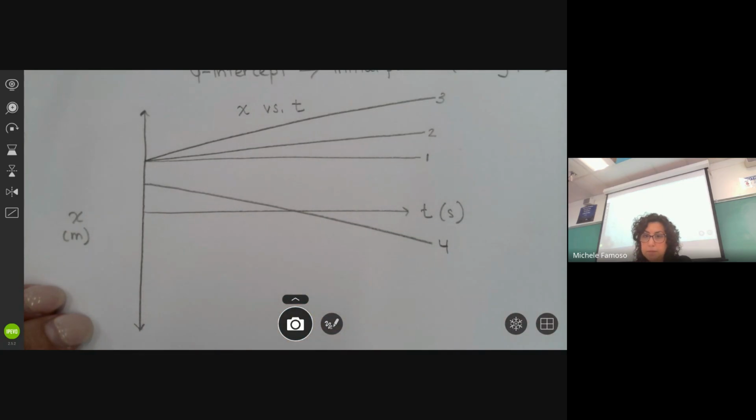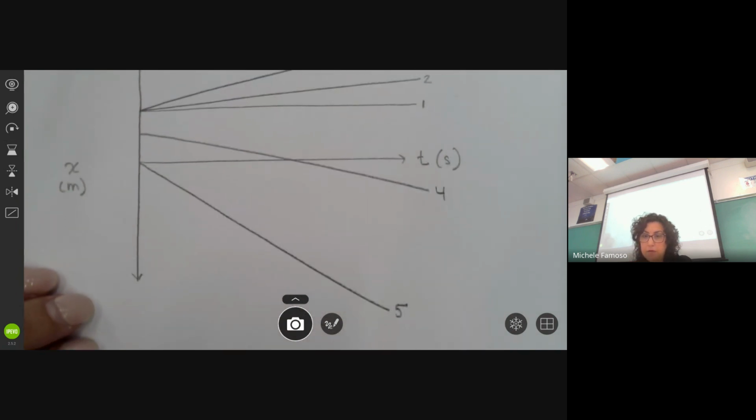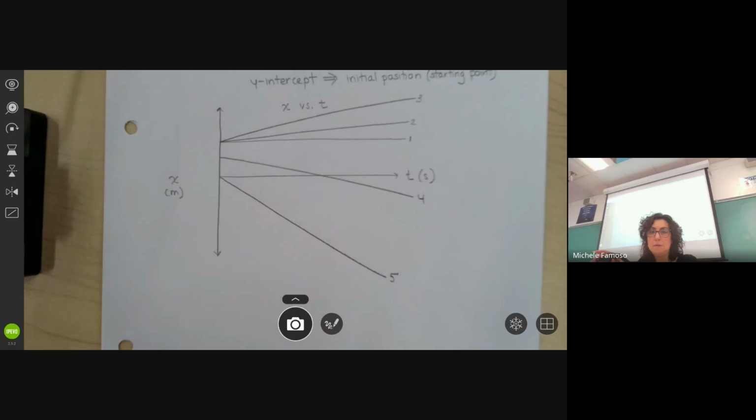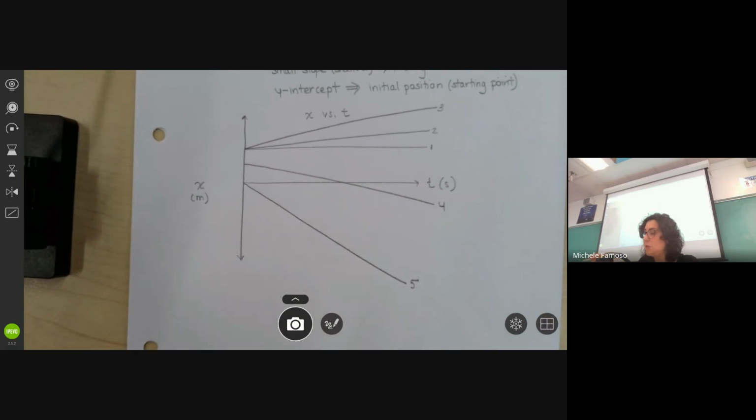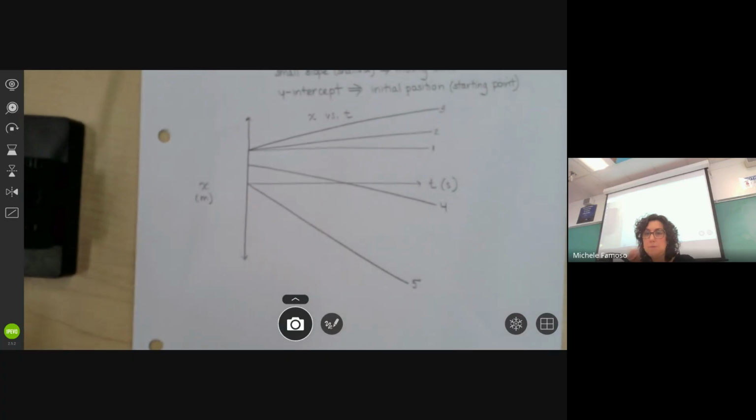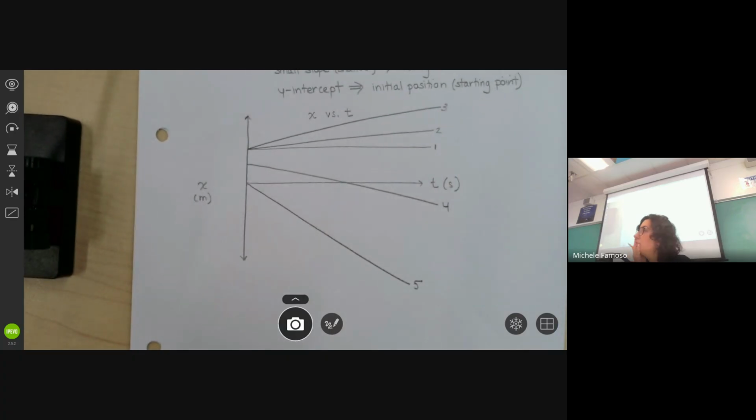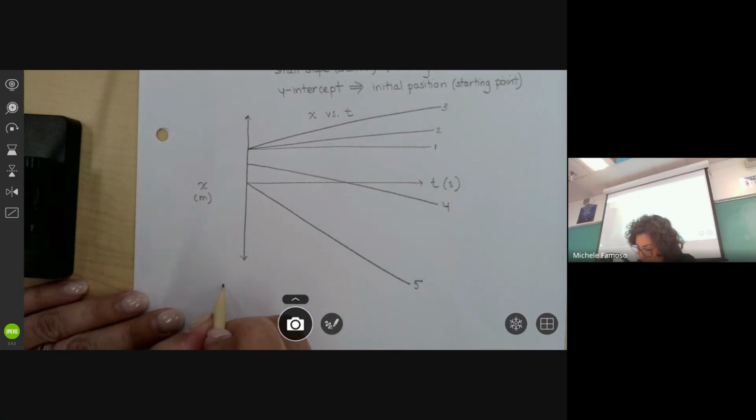Line 4. And line 5. I got to zoom out, I think. There we go. Can you see all 5 of those? Okay, let's start with line number 1.